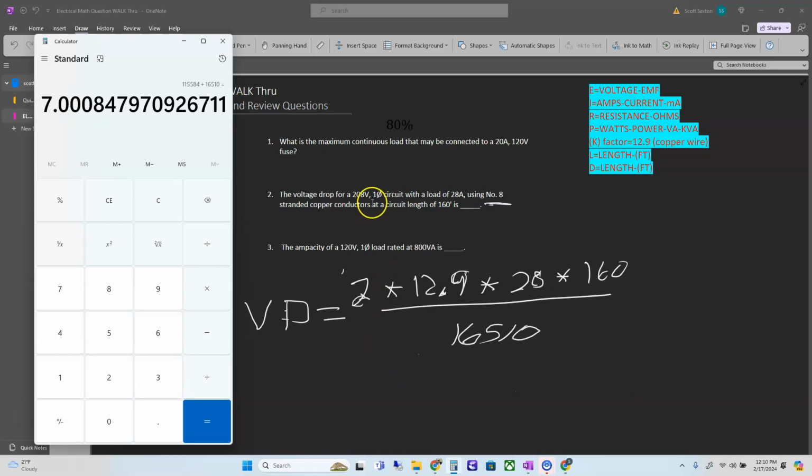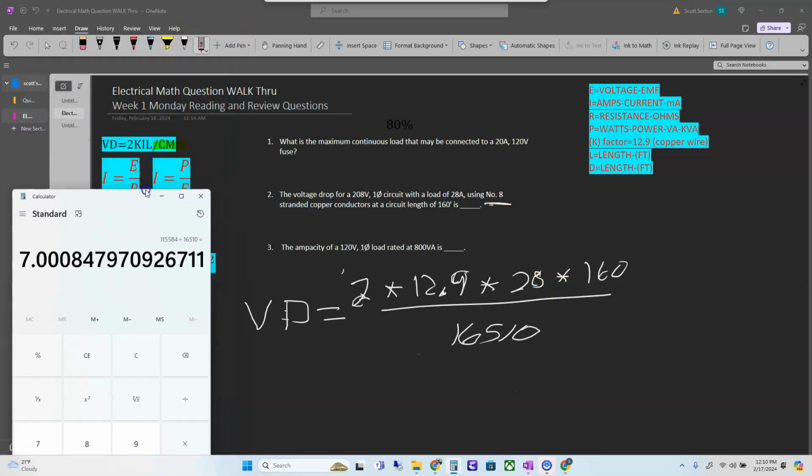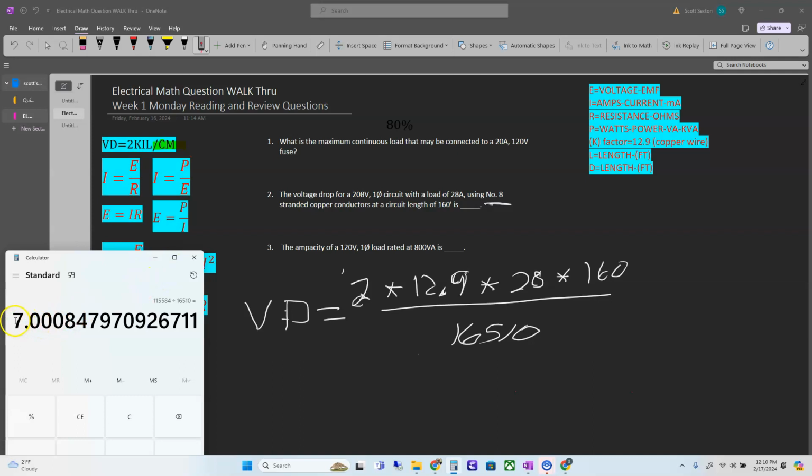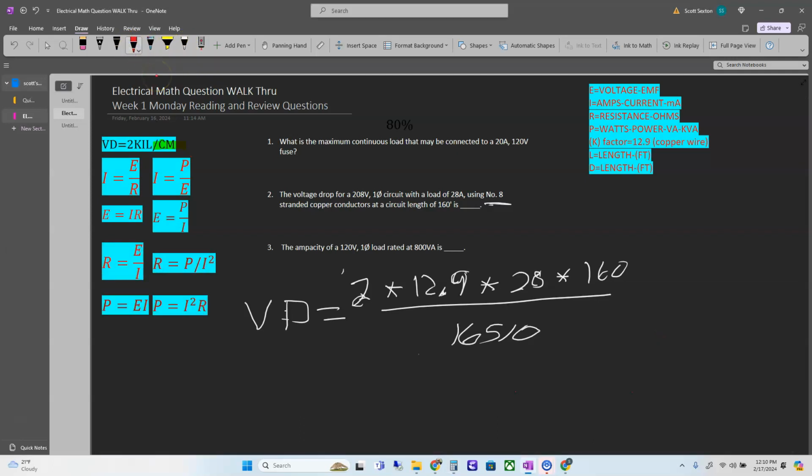It's going to equal, guess what? With that size of wire, our voltage drop on this particular situation is 7. So what does 7 mean? That means I'm going to lose 7% of my voltage.